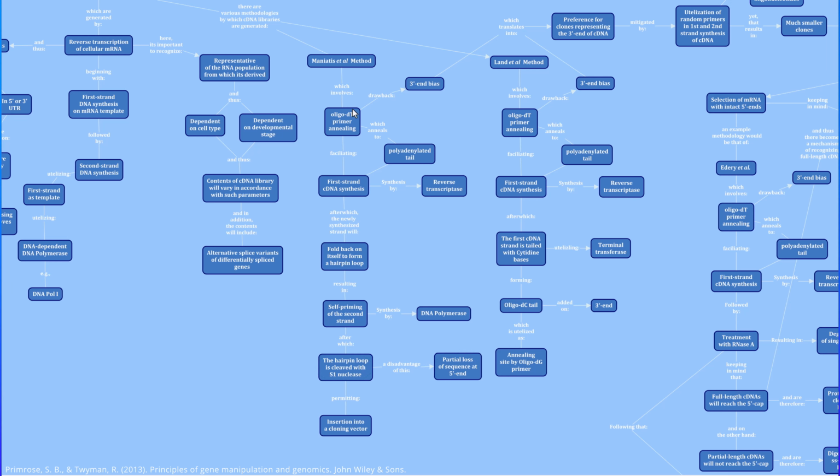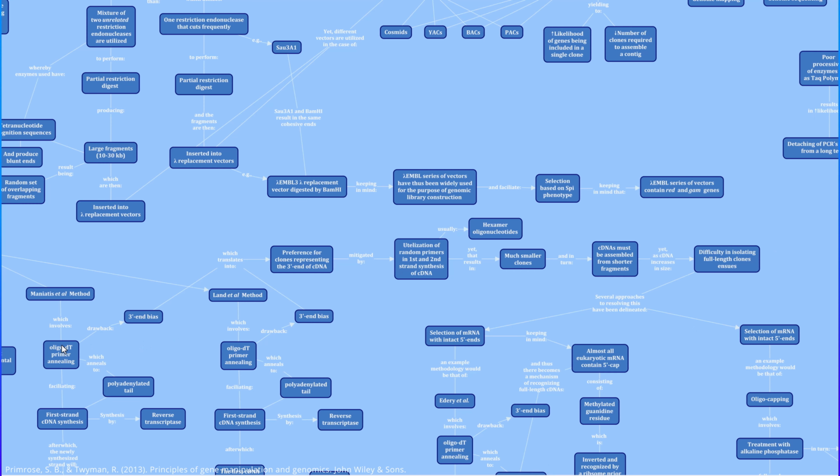There's also a drawback when using oligo-dT primers in reverse transcription, and that is 3' end bias. So 3' end bias translates into a preference for clones representing the 3' end of cDNA. So you have to recognize that using an oligo-dT primer results in 3' end bias, which translates into a preference for representing the 3' end of cDNA.